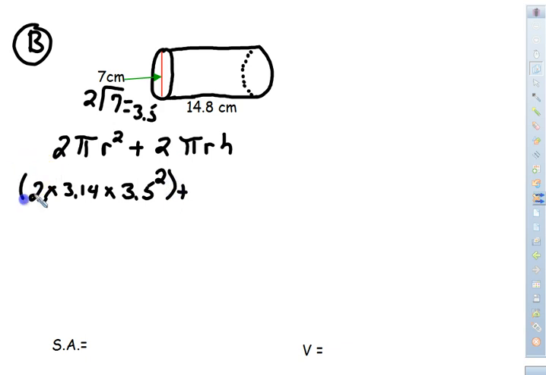Plus 2 times 3.14 times 3.5 times the height, which is going to be 14.8. So now we have to plug this in, and you're going to have 2 times 3.14 times 3.5 times 3.5.